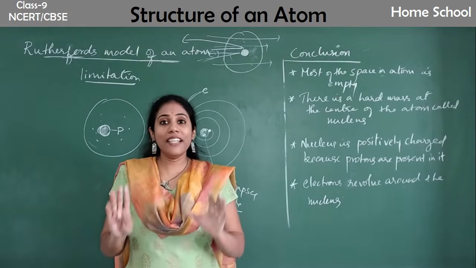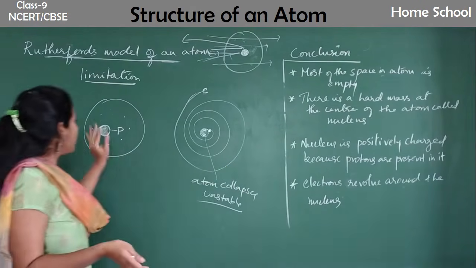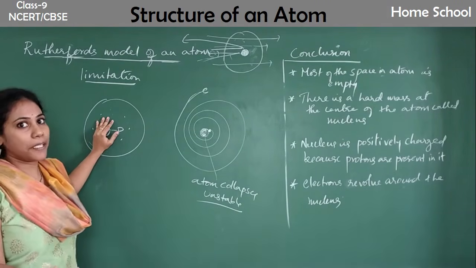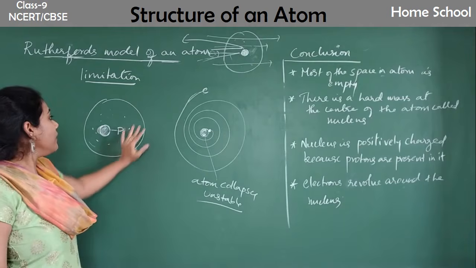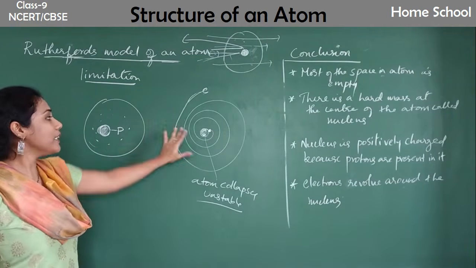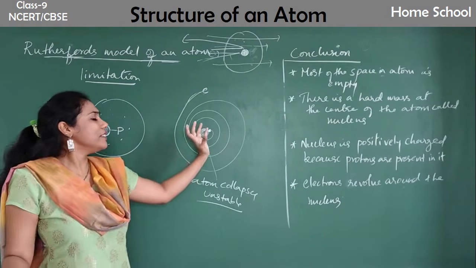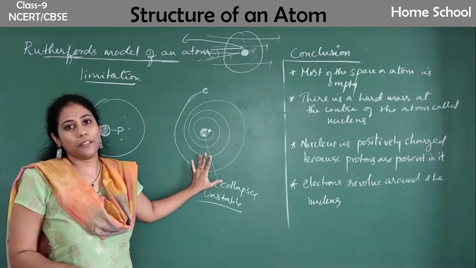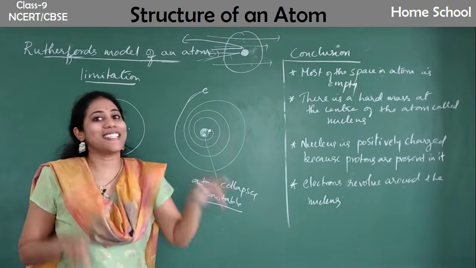But he gave a very nice idea. He said that protons are present in the so-called nucleus. That point is acceptable. But for the electron revolving continuously around the nucleus, some correction has to be done. So we will go for the next theory.